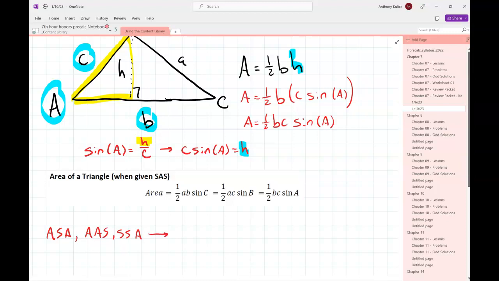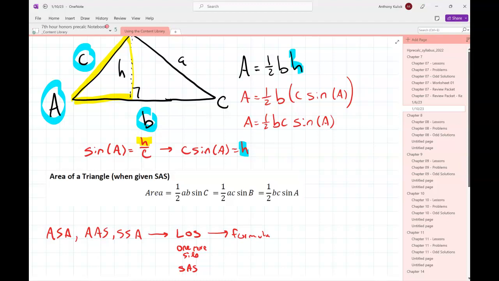I'm going to just use the law of sines to find one more side. So I can create a side angle side situation and then just use my formula. So that's the worst case scenario: oh no, I have to do a law of sines to solve another side.